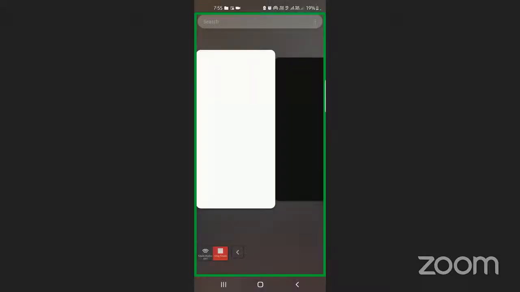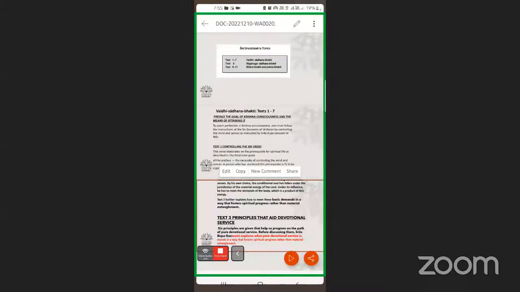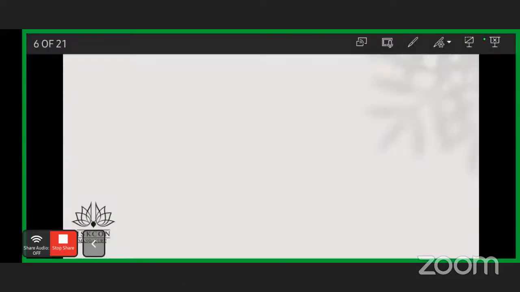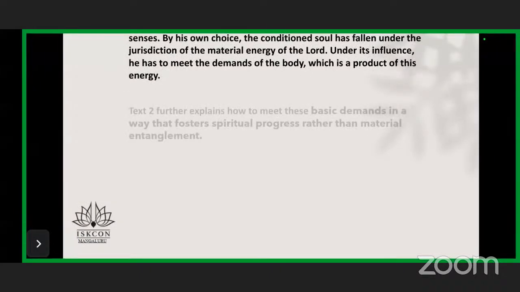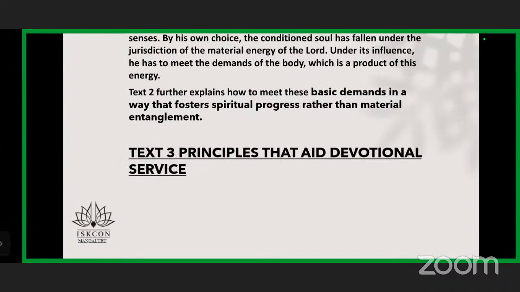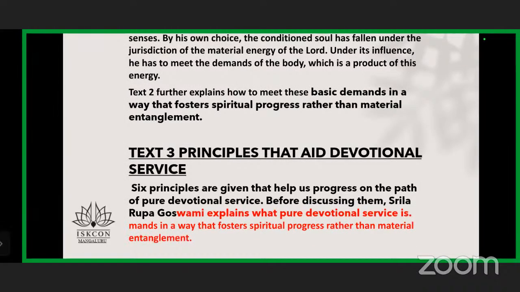Okay, I'll just share the screen. Okay, text 2, these things we discussed, and in text 3 let's see what we are going to discuss. So 6 principles are given that can help us in progress.